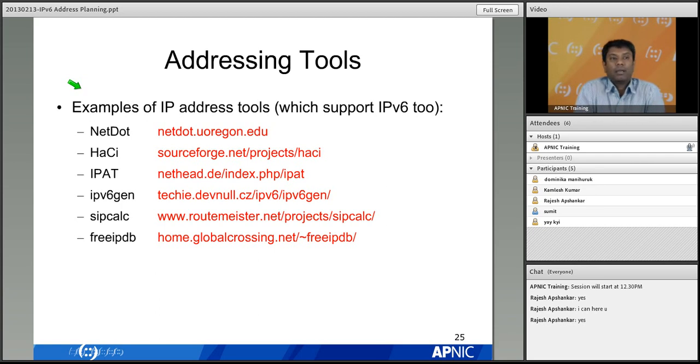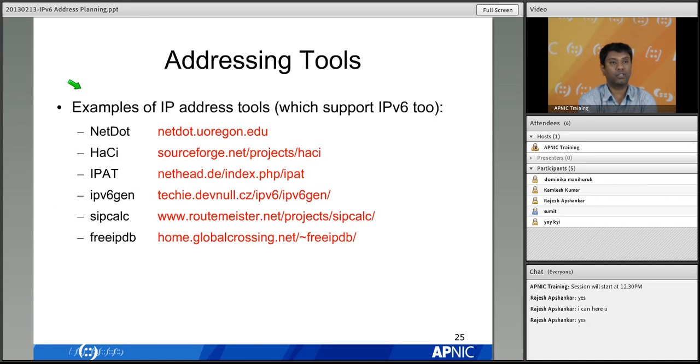Addressing tools: when you do the addressing in IPv6, there are address management software, and most of them are free, I think. You can use those address management software to automate your address distribution, and that will be very easy for you to manage your infrastructure. For example, when a customer comes today, you just add that customer into your address management and give them the address.